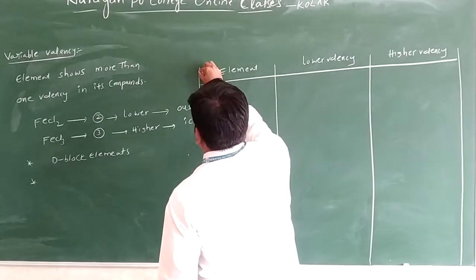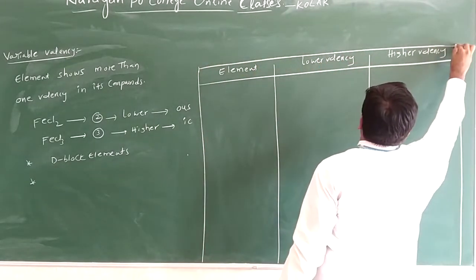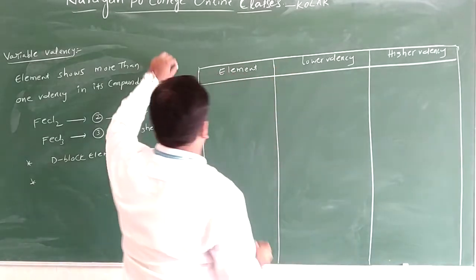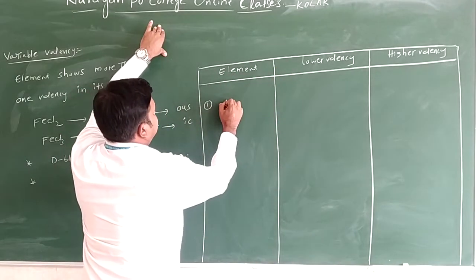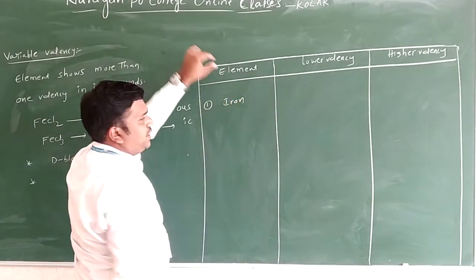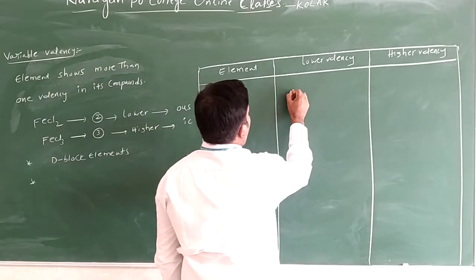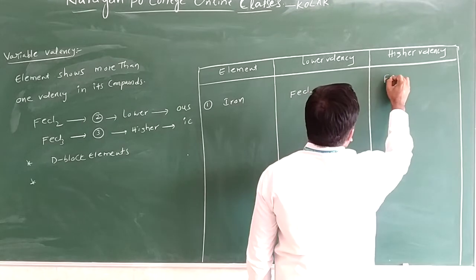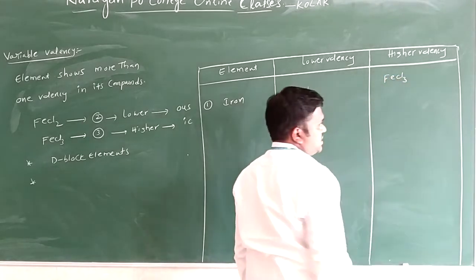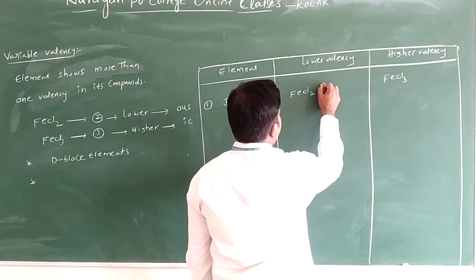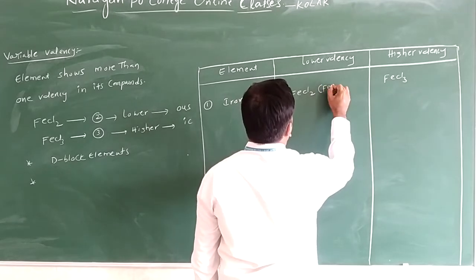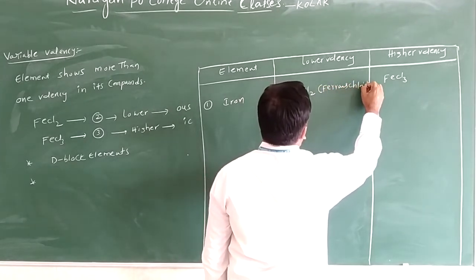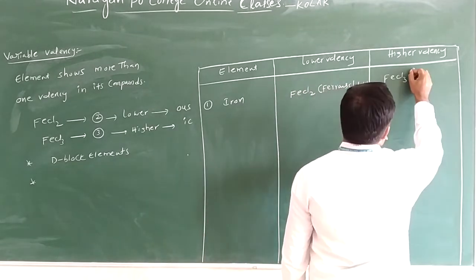First I am writing iron. The possibilities we have are FeCl2 and FeCl3. So FeCl2 is ferrous chloride, and FeCl3 is ferric chloride.